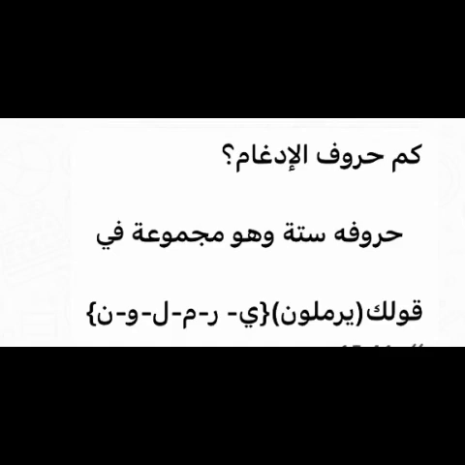They are all combined into one word, which is يرملون. To break it down, it is ya, ra, mim, lam, waw, and nun. So these are the alphabets of idgham.